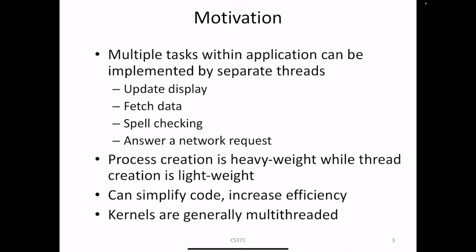So that's another reason why multi-threading can simplify the code and increase the efficiency. And nowadays, instead of using multi-processing in the kernel of our operating system, kernels are generally multi-threaded because it's simpler, has fewer bugs, is more secure, and is also more efficient.